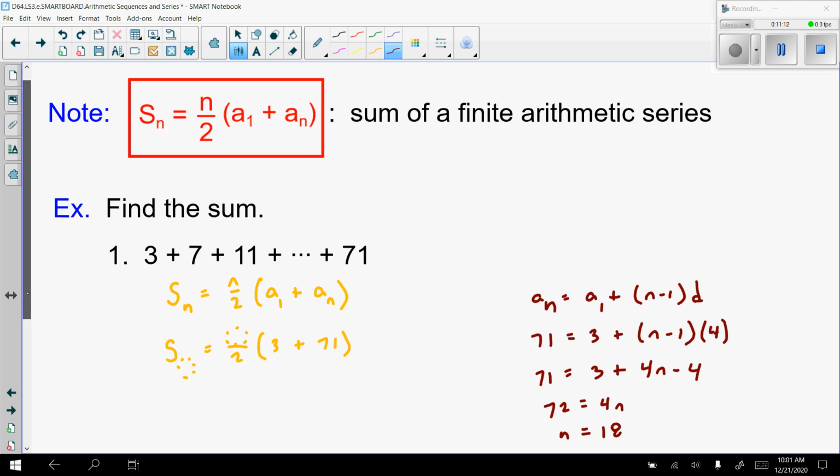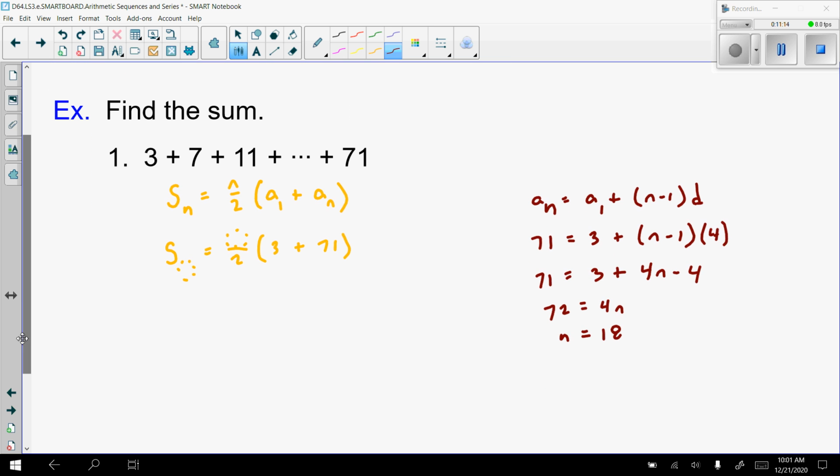This is good news because now I have the n value. So I can now take this n value and put it in these two slots that I did not originally know. So now I know that there are 18 terms, and I can put 18 in both of those positions.